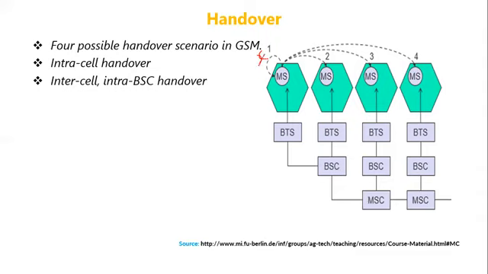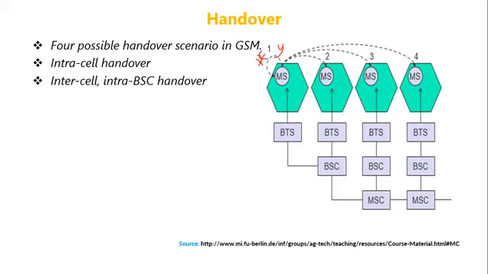So the BSC could decide to change the frequency of this mobile station. Instead of X, it may ask it to try frequency Y. It is within the same cell, but its frequency is changed. That type of handover is called intra-cell handover. The second type of handover is intercell or intra-BSC handover.